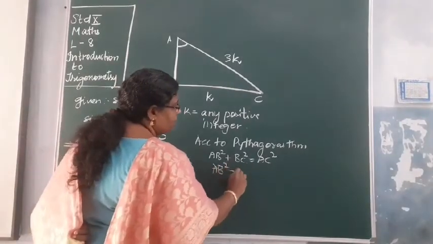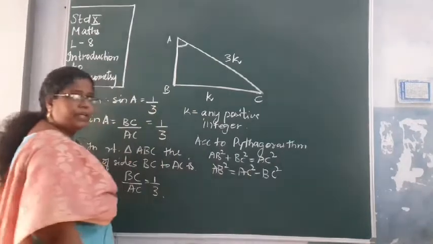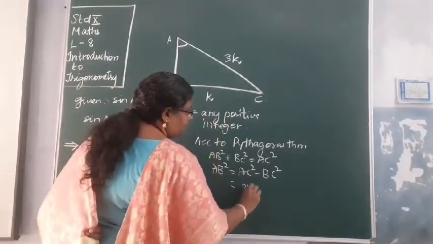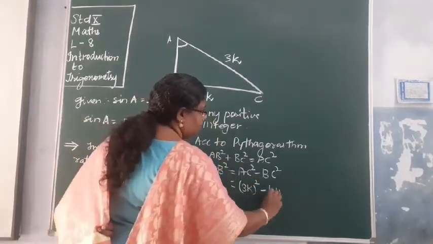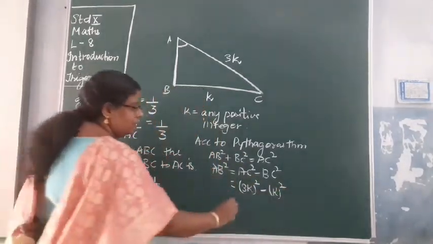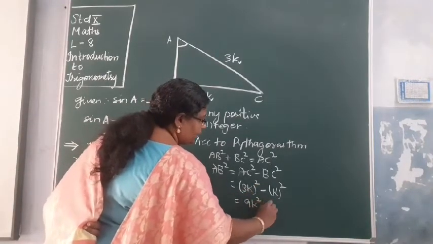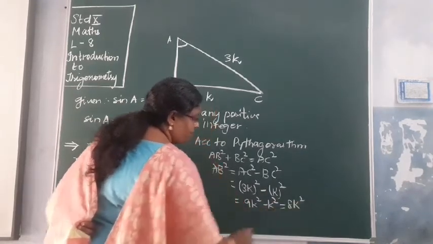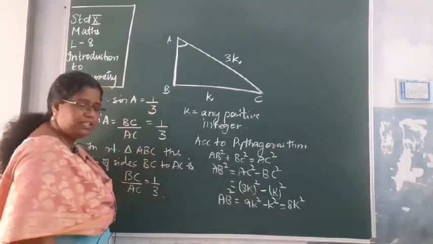So AB square will be equal to AC square minus BC square. ठीक है? What is your AC? It is 3K the whole square minus K the whole square. ऐसा आ जाता है ना? So that becomes 3 square, that is 9K square minus K square, which is equal to 8K square. So you got your AB square is equal to 8K square.